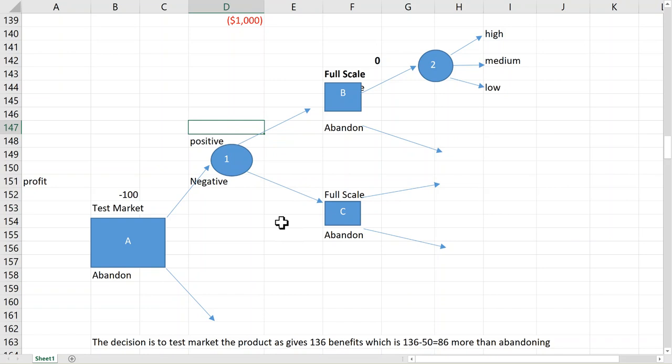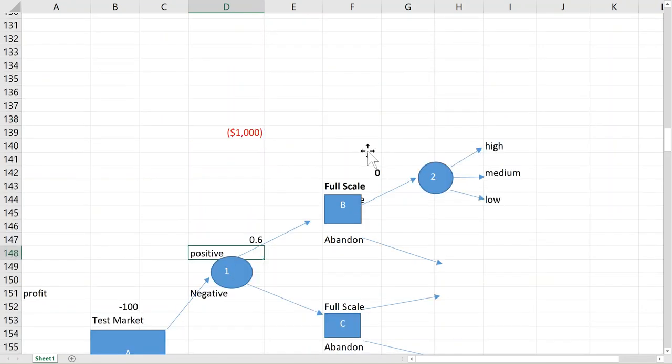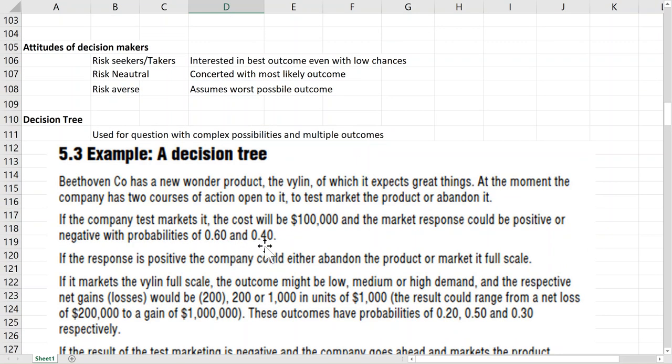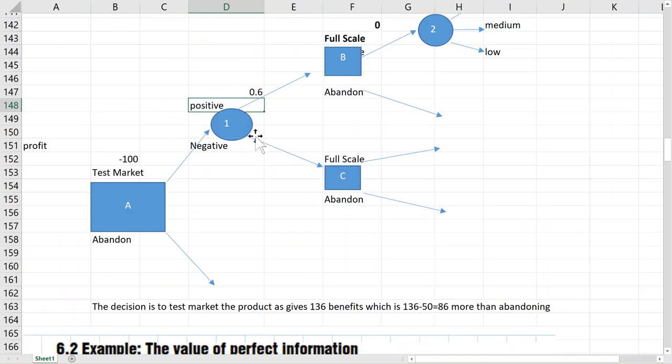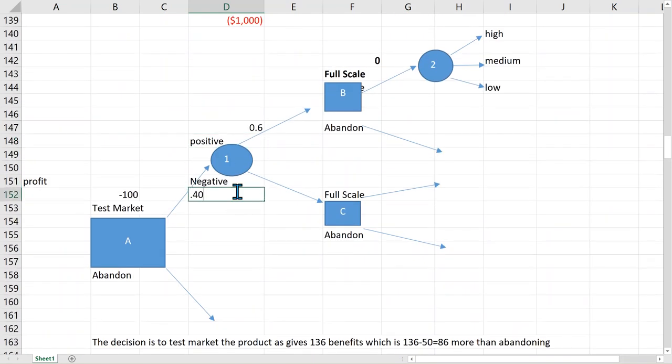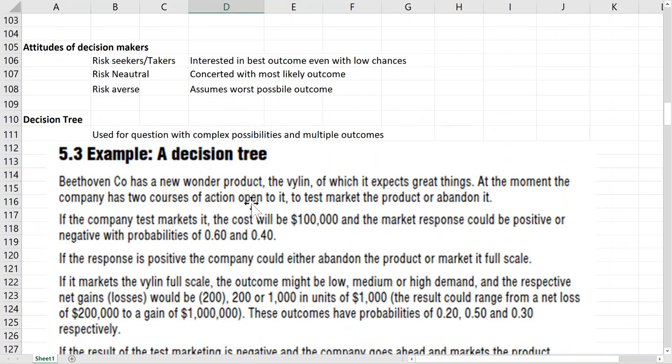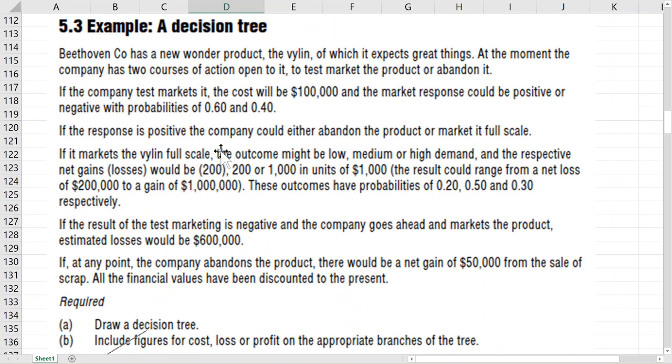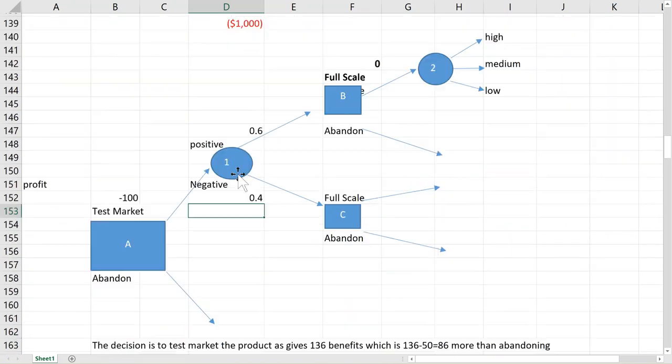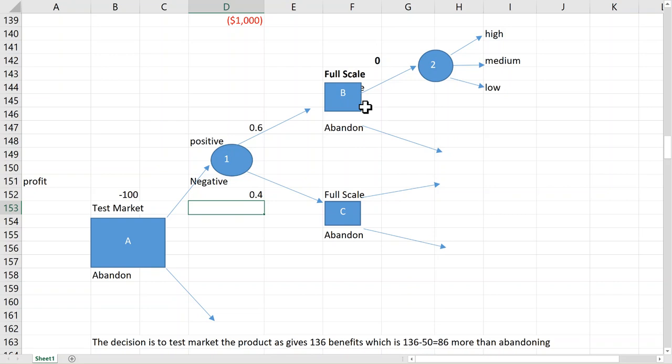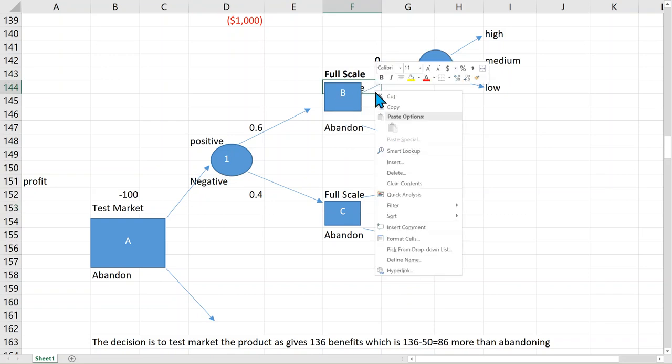The response is not in our control, and it has a probability of 60% positive and 40% negative. If the response is positive, the company could either abandon the product or market it full scale. So if positive happens, we have another decision. We could either abandon it or market it full scale.